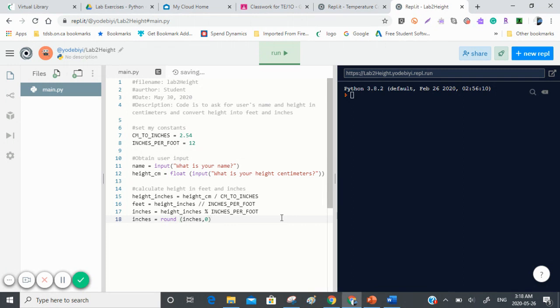I'm just going to put a comment here so you can see that: round the number of inches to the nearest whole number.